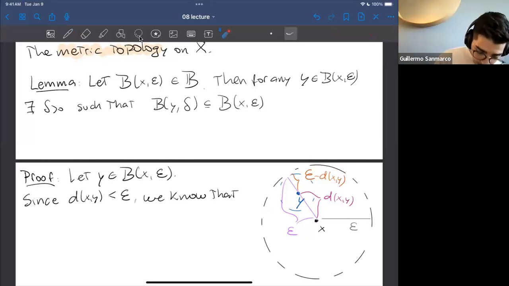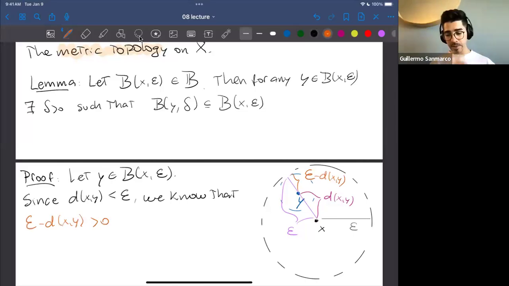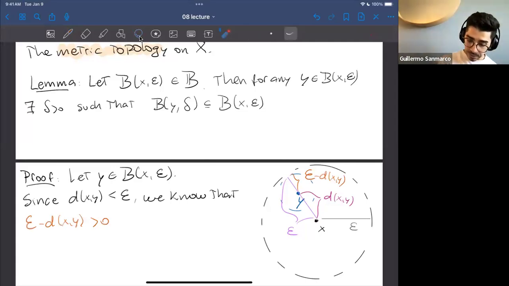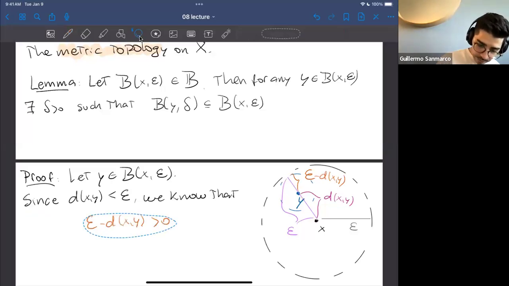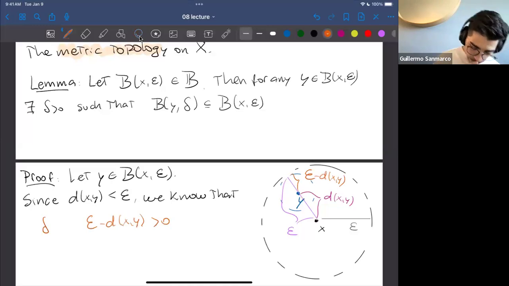So epsilon minus the distance is going to be positive. And that could be our delta. That's going to be our delta. So let's take that as delta. So this is one valid delta. Anything smaller than this will also work, because in other words, we're just making this ball here smaller. But that delta is good enough.